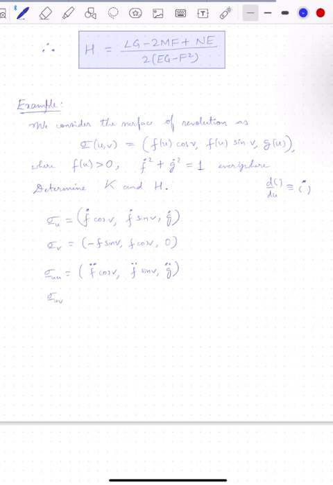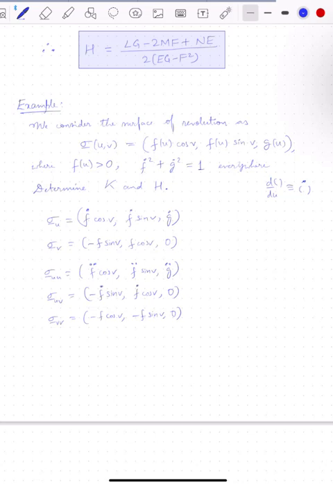And then sigma uv is equal to minus f dot sine v, comma f dot cosine v, comma 0, right? And then finally we have sigma vv. So this is given as minus f cosine v, minus f sine v, 0, right?